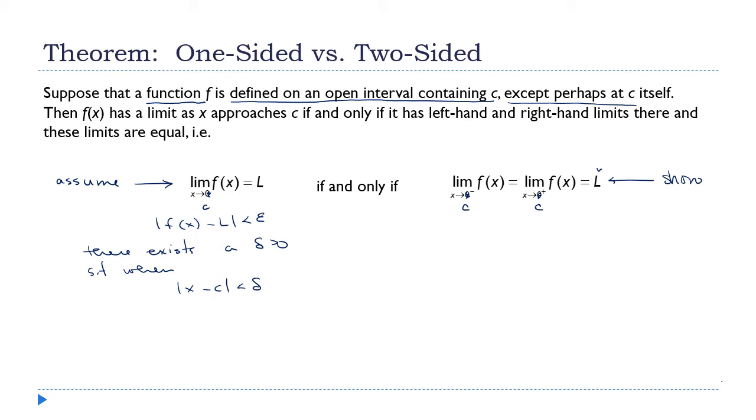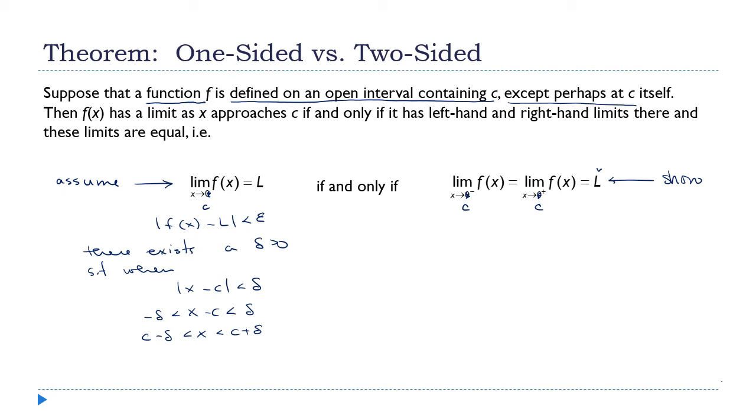Okay, remember what I showed on the previous slide, right? This is the same as saying negative delta is less than x minus c is less than positive delta, and then you can add c to both sides. c minus delta is less than x is less than c plus delta. Okay, but that's what I need, right?